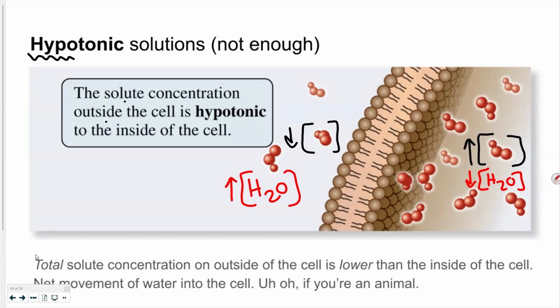So our net movement of water molecules is going to go from the high concentration of water molecules to the low concentration of water molecules. We're going to have the net movement. Water is going to go into the cell.